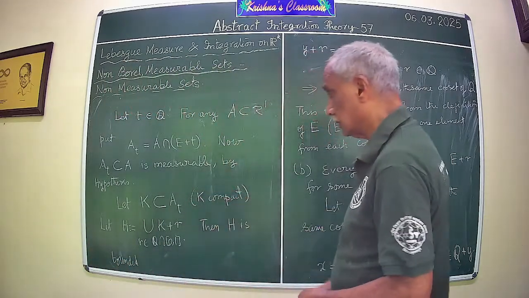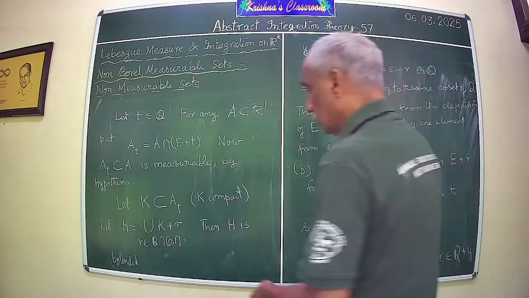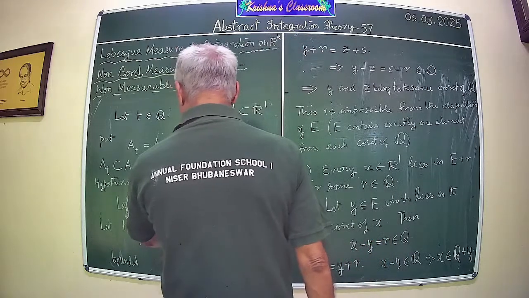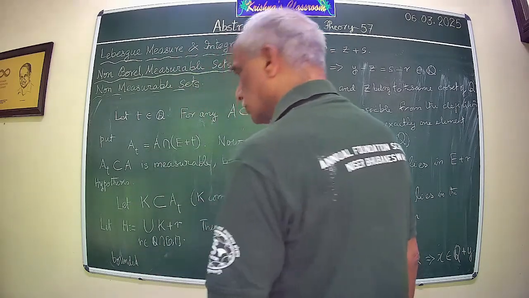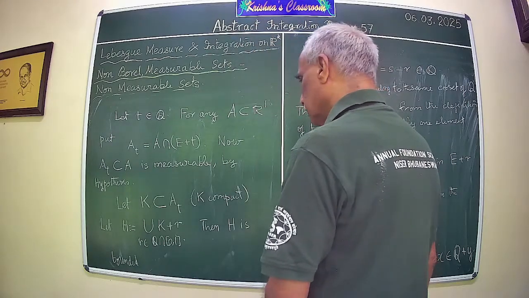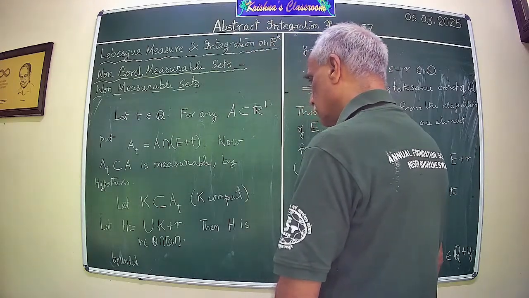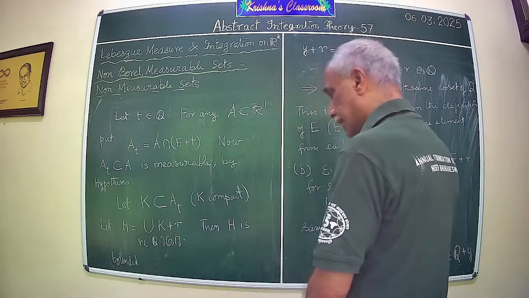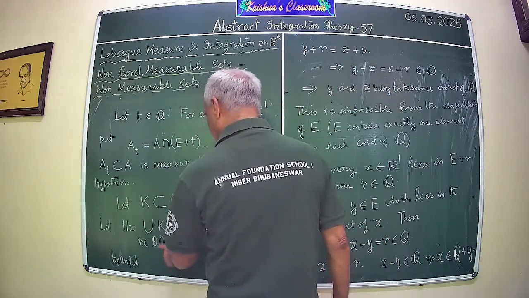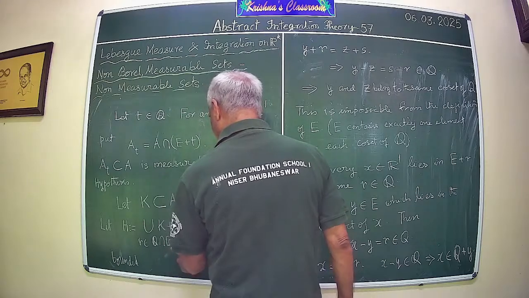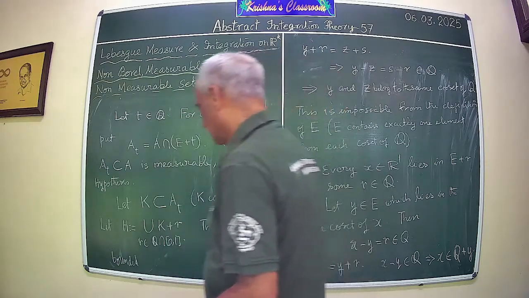Because it is the union of K plus r for all rational numbers r, not all rational numbers, but all rational numbers on the interval 0 to 1.